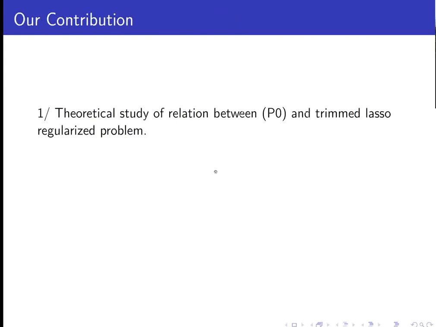So our contribution has several parts. Two of them are theoretical and one is more algorithmic. On the theoretical side, I'm going to show you an explicit relation between the original problem P0 and these Trim Lasso regularized problems.